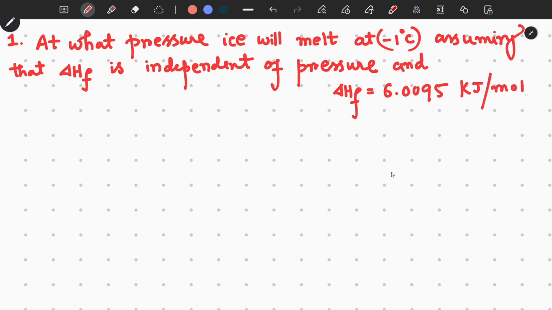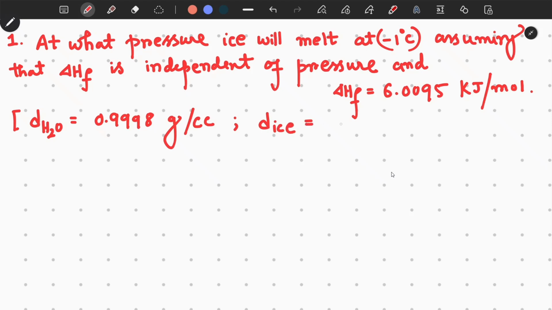And the given densities are: density of water is 1 gram per cc, and density of ice, also provided to us, is 0.91.